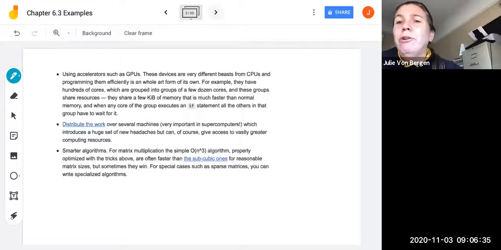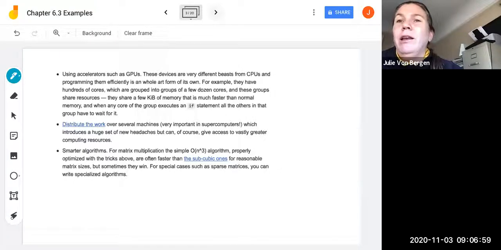For matrix multiplication, there's the simple O of n to the third algorithm, which you'll study more if you take discrete math or a computer science class, but essentially it describes computing time. Properly optimized with the tricks above, it is often faster than the subcubic ones for reasonable matrix sizes.